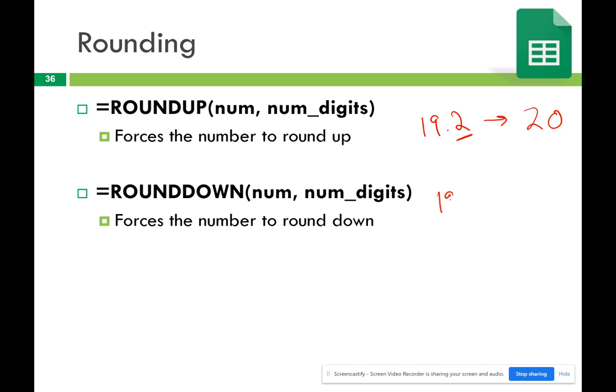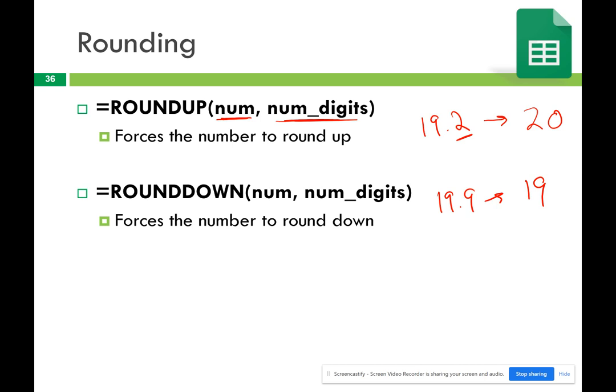If I gave you 19.9, this should go to 20 if we were using round, but because we'll use round down, we would force this to be rounded down to 19. They work the exact same way. What number would you like to round, and how many digits would you like me to round it to, except these are going to override the typical rules of rounding.